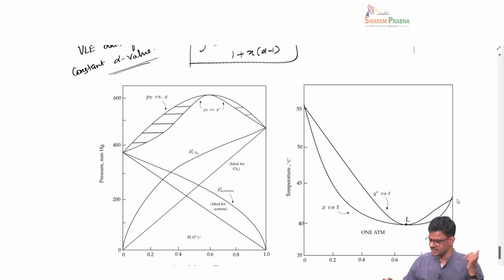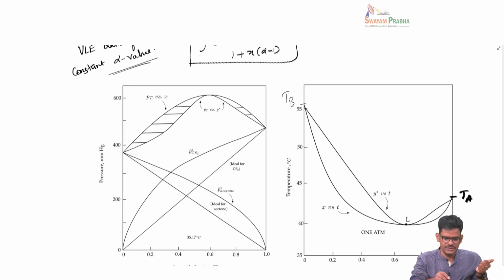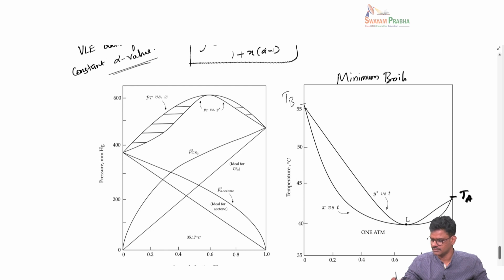You see this is Ta, this is Tb. In the Raoult's law following ideal mixture, I showed that the entire thing was boiling between Ta and Tb. But for a non-ideal mixture, you can have a situation where the boiling point can be much below the lowest of the boiling points. So we will say this is a minimum boiling mixture.